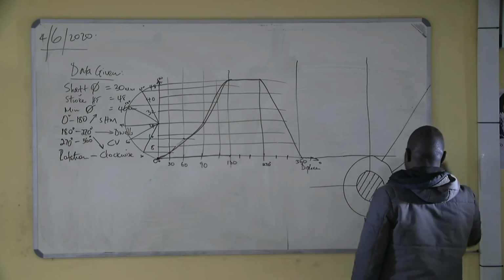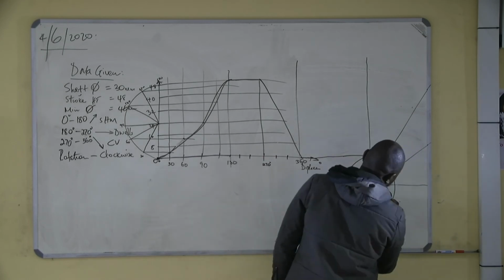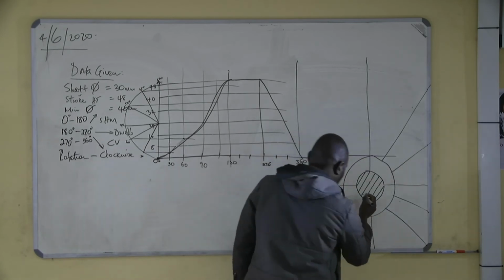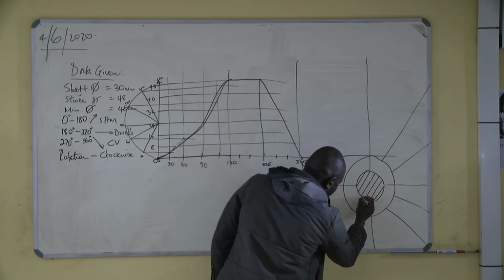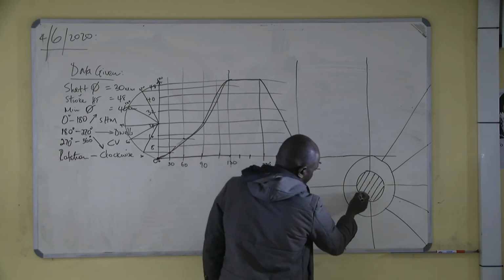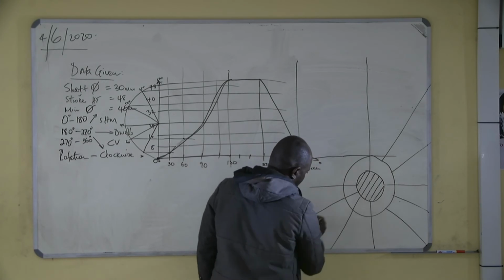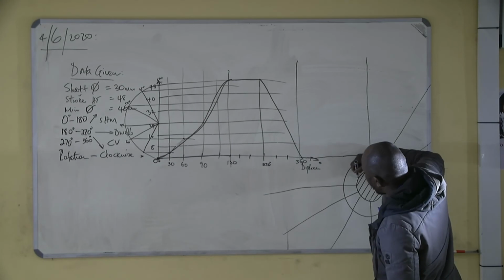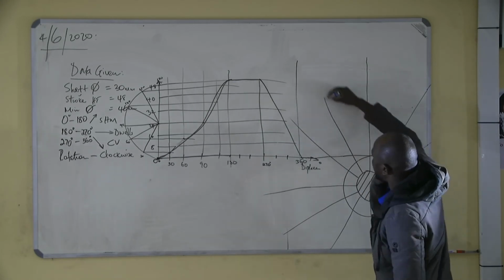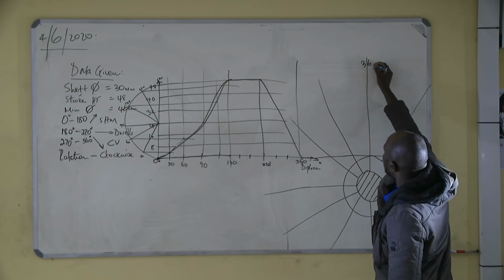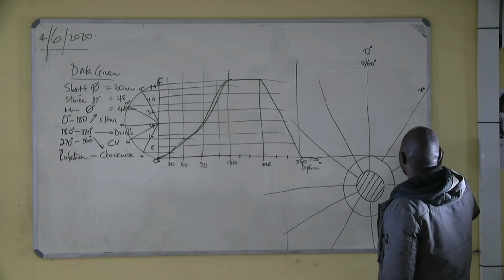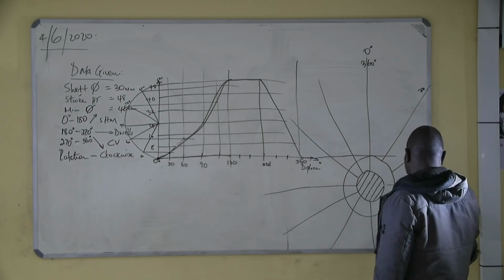So you divide 30, 60, 90, 120, 150, 180, 210, 240, 270, 300, 330, 360. So you have a 0 mark and a 360.